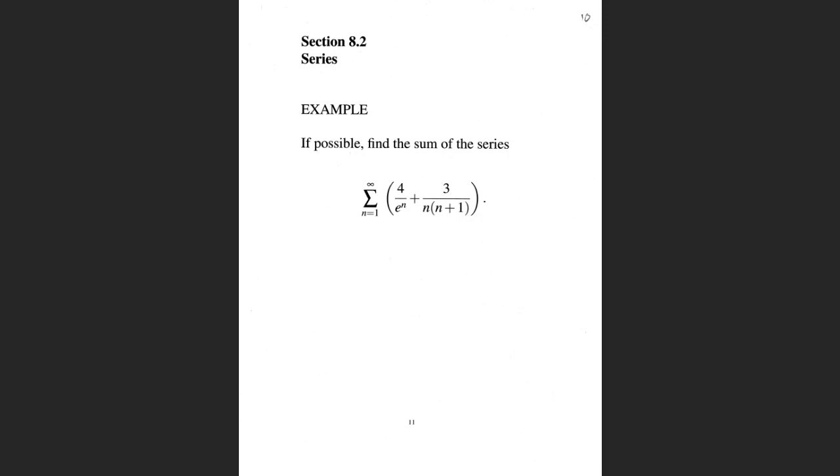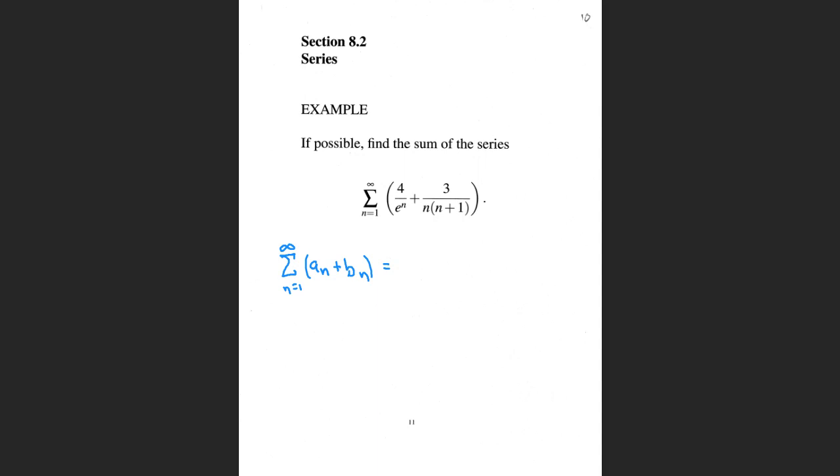Okay, so this is an interesting series here. Let me ask you, if you have a series where you have a_n plus b_n, what do you think we can write that series as?